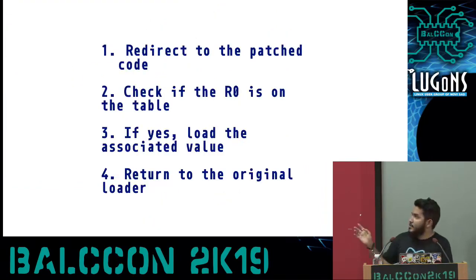Basically, our solution was to redirect the patched code to our custom loader. It doesn't make much sense saying R0, but we checked if this register was on the table, and if so, we would load an associated value, and then we would return to the original loader.